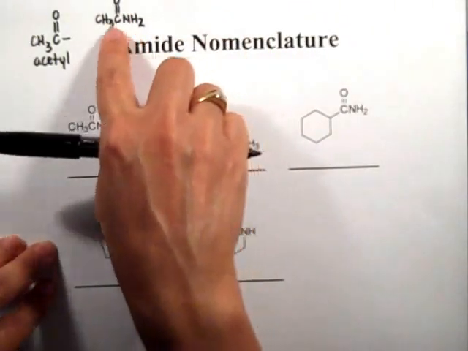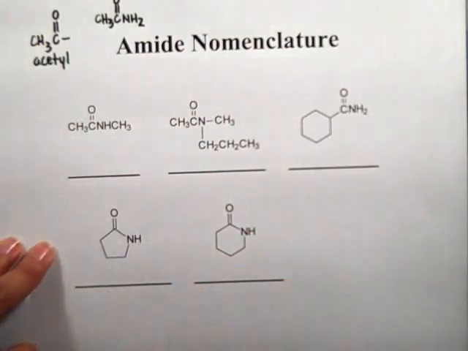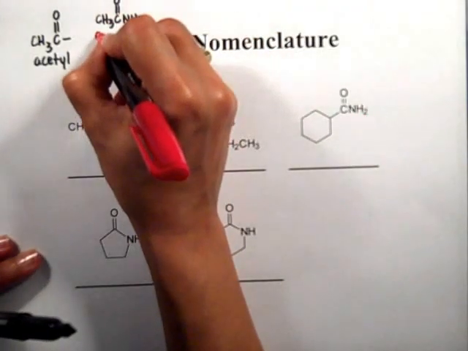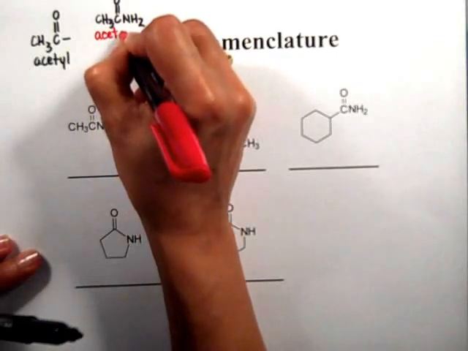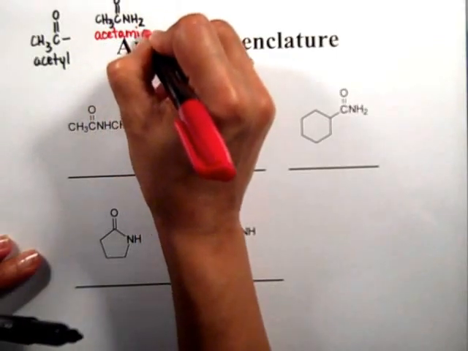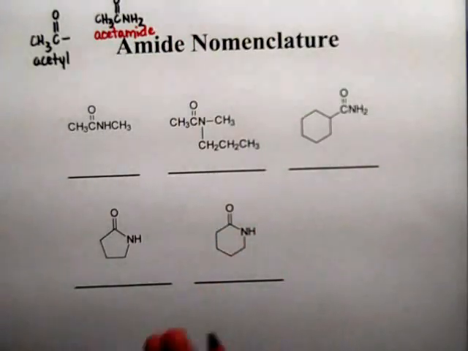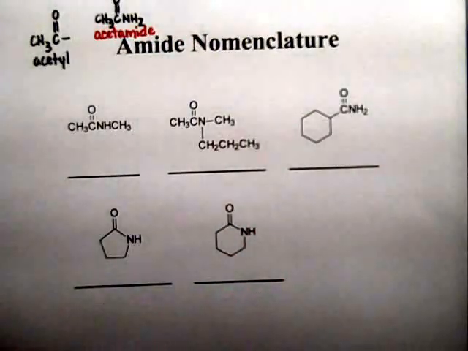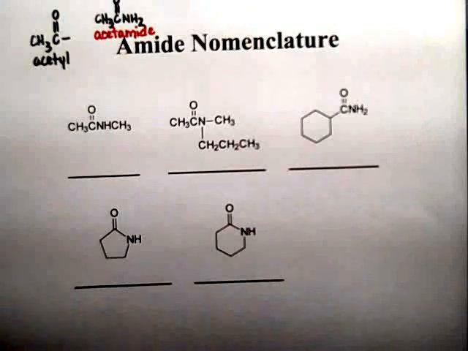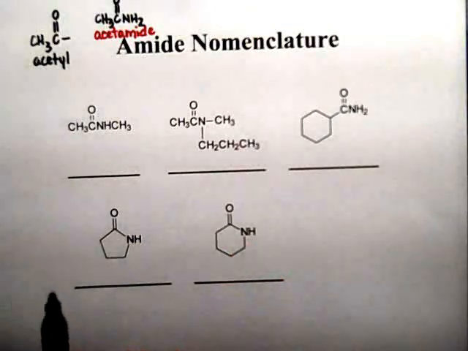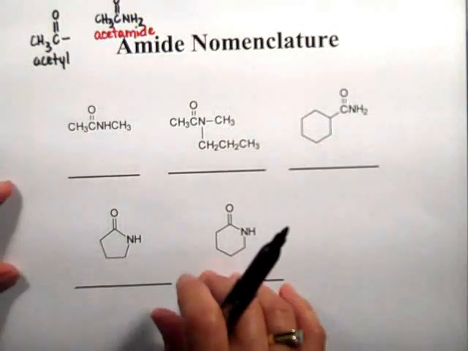So I'm going to attach a nitrogen to my acetyl group, and I am going to call this acetamide. Notice that there's a little bit of a pronunciation issue here, amides, but when you're saying it, you say amide. Just make sure that you pronounce it right.